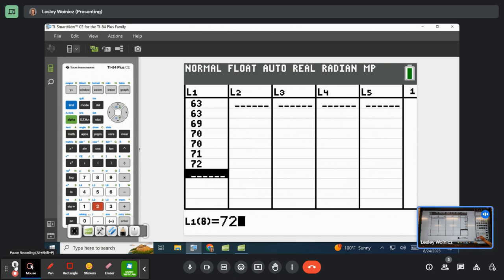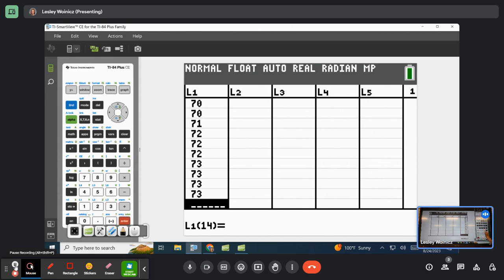So just make sure that you count the correct number of times. 73 goes in 4 times. 74 goes in 3 times. And 75 is once. Okay, it says 17 basketball players, so my cursor's on 18 when I'm done.